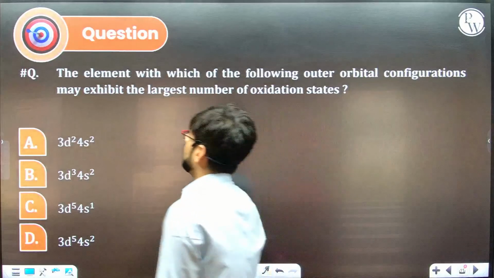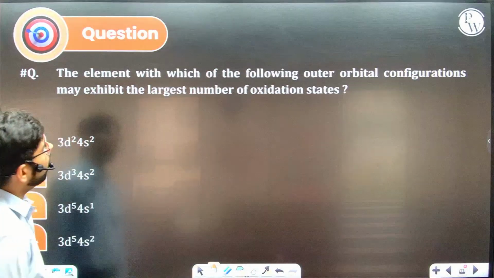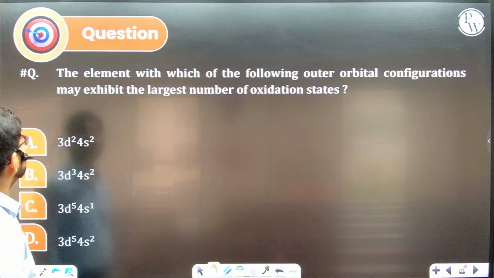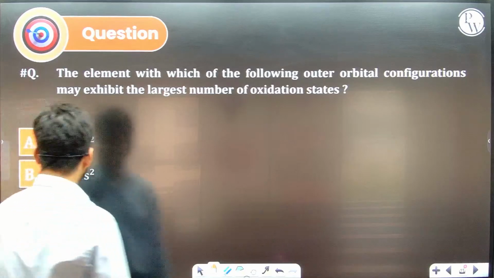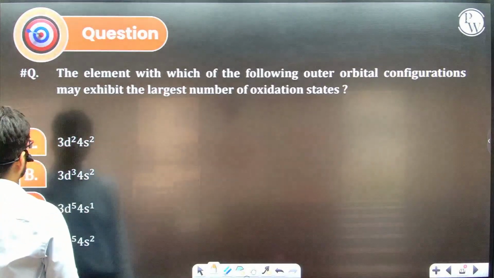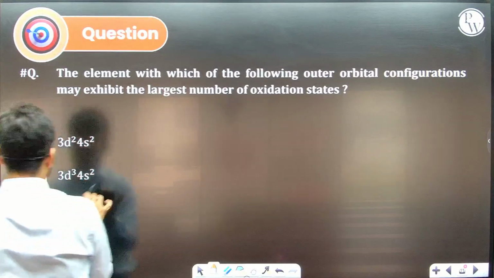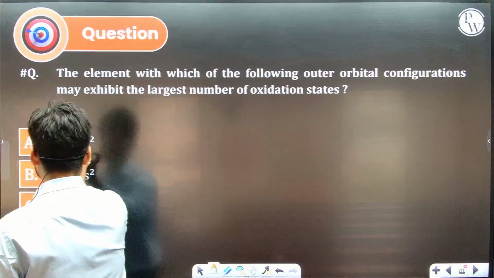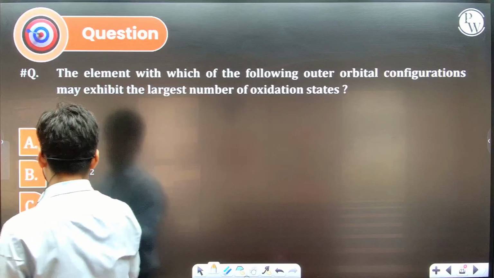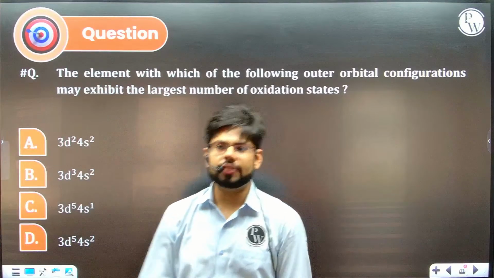Next question. The element with which of the following outer orbital configurations may exhibit the largest number of oxidation states? Now let's look at these elements. If you check, all of these belong to the 3d series, because you have 4s3d, 4s3d, 4s3d, and 4s3d. Now what is the 3d series?